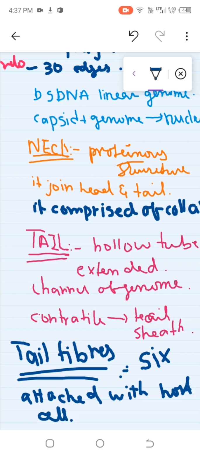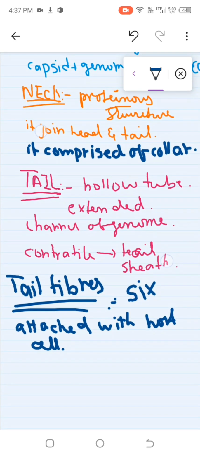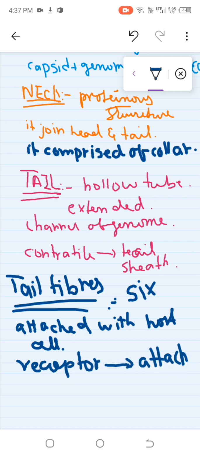Okay, now how do they attach? These tail fibers contain receptors which are binding proteins, and they attach to the host receptor site.